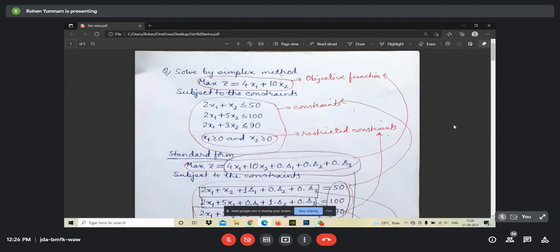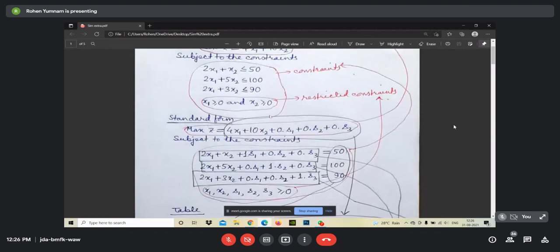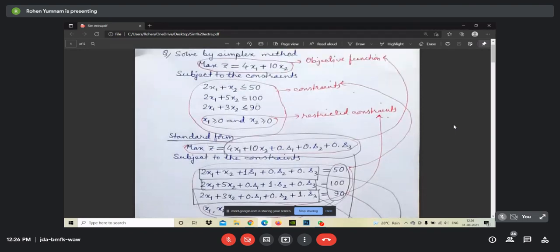We have to change the problem to the standard form, and the standard form is here. In order to change to standard form, we have to add slack variables. By adding slack variables, the first constraint equation becomes like this. Only s1 is added to the first, s2 to the second constraint, and s3 to the third, and we write them with zero coefficient in the objective function. Then the objective function, maximum z, also changes in this way.